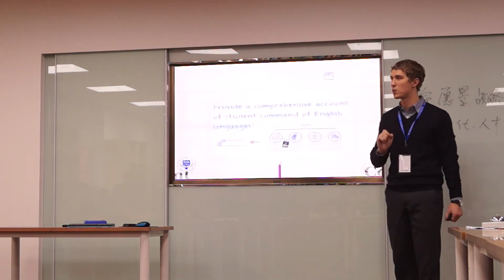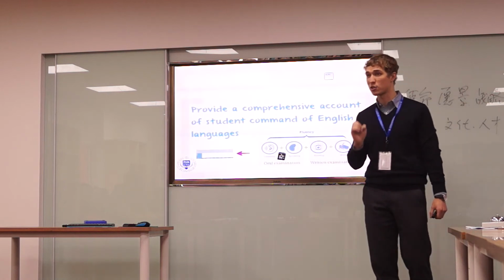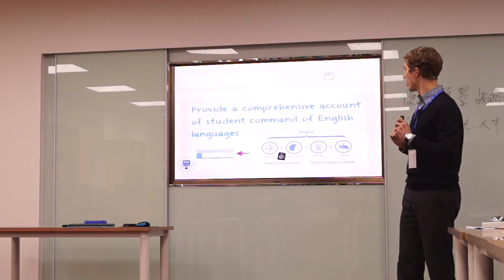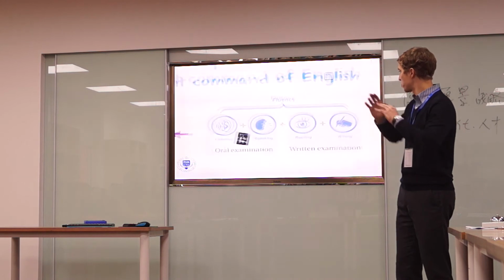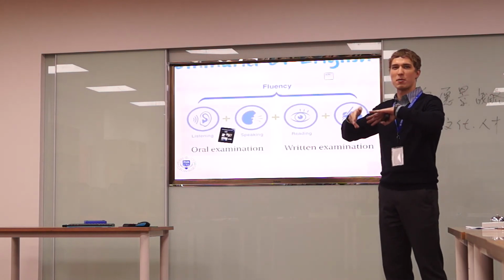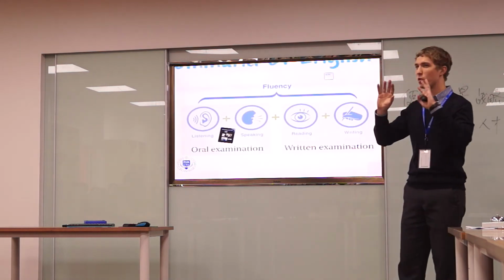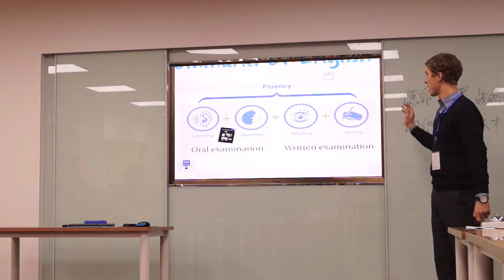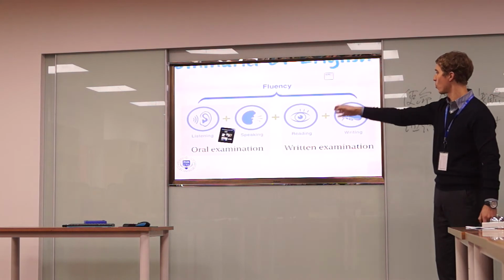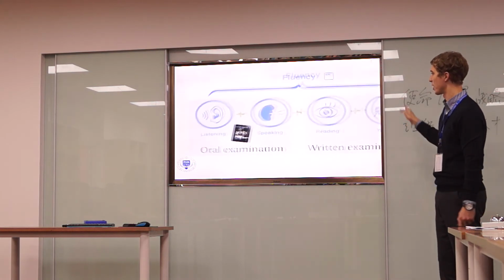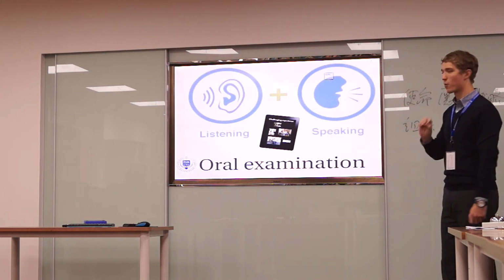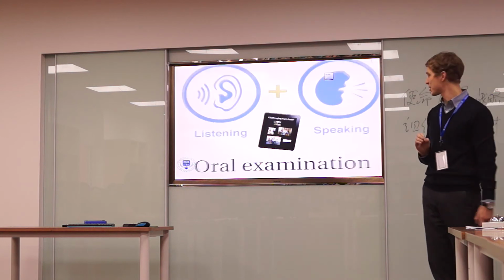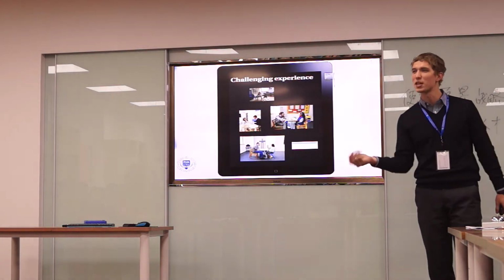Now, midterm examination is an important milestone in students' progression because we split up the midterm examination into 2 parts. Now, remember, we touched upon 4 aspects: listening, speaking, reading, and writing. And in midterm examination, we split up an oral examination and written examination. And I want to talk a little bit more about oral examination because it's a really nice experience for both teachers and students.